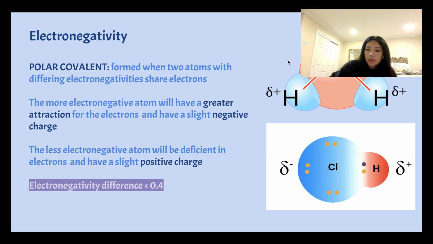So this is water. You'll see that hydrogen has a partial positive charge because it has a lower electronegativity, whereas oxygen is highly electronegative. And therefore, since it's highly electronegative, it's going to attract electrons, and that's why it has a partial negative charge.